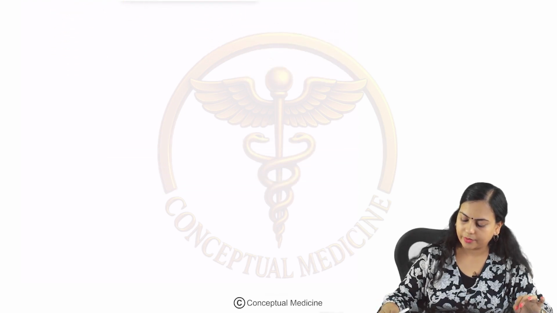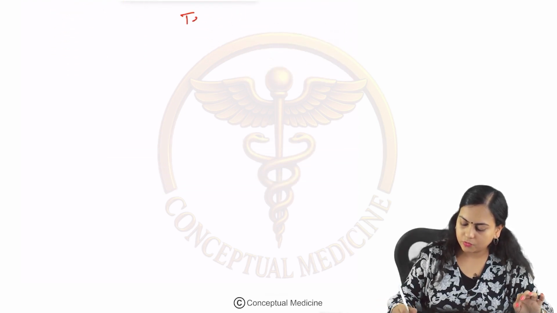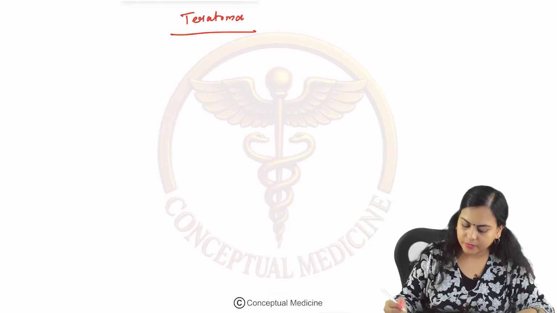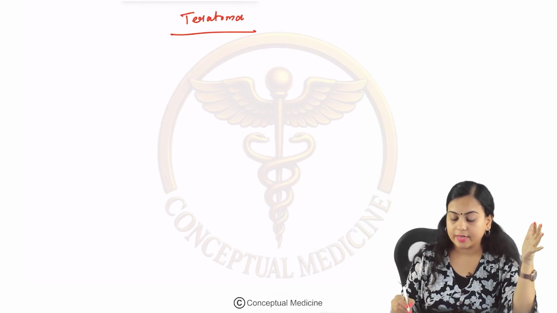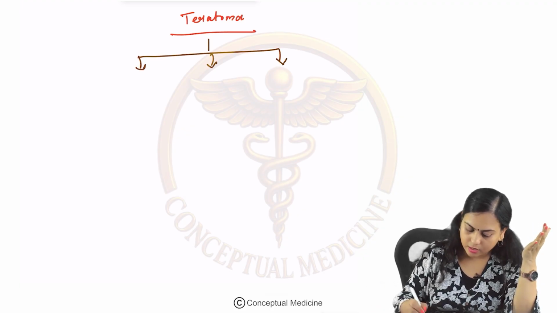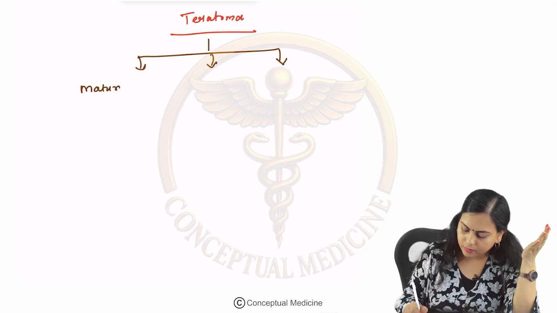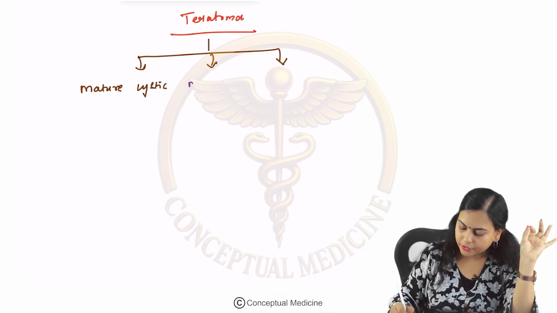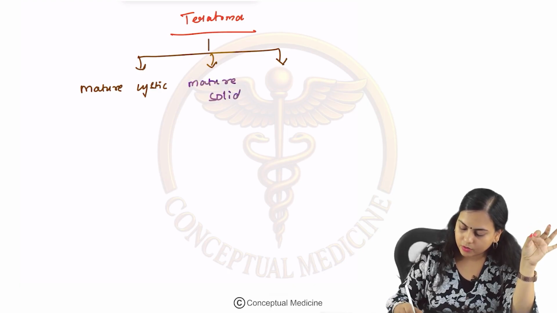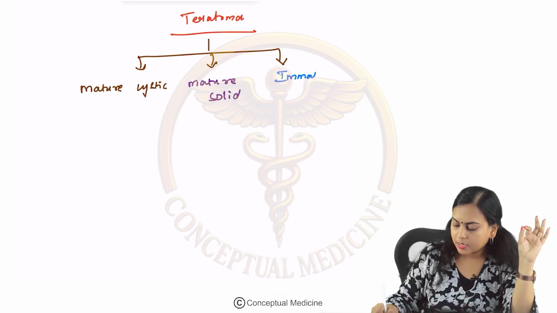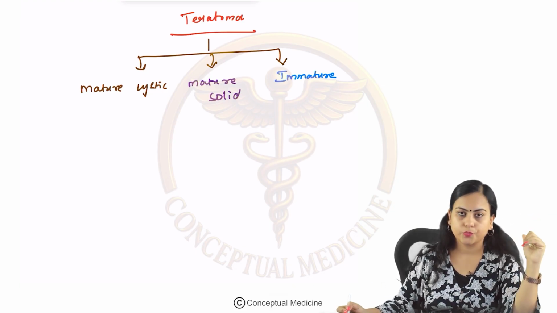Right. Now we are going to discuss teratoma. As I told already, a teratoma can be a mature cystic teratoma or a mature solid teratoma, or it can be an immature type also.